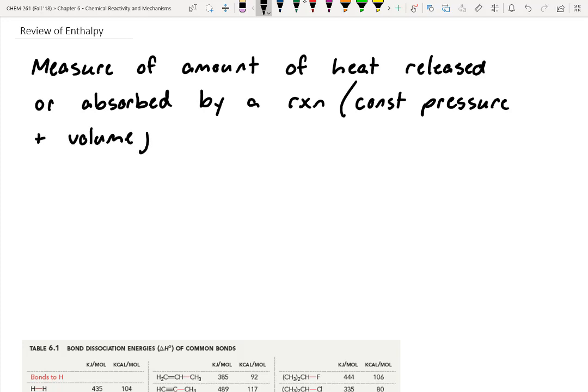So assuming that you're not changing the pressure or volume, you can measure the amount of heat being absorbed or released by a reaction.